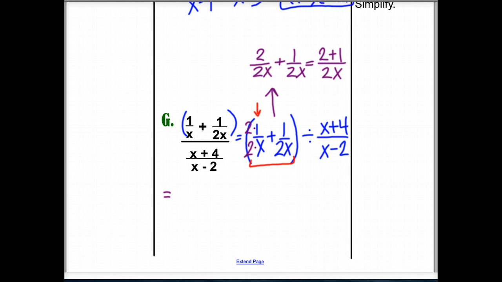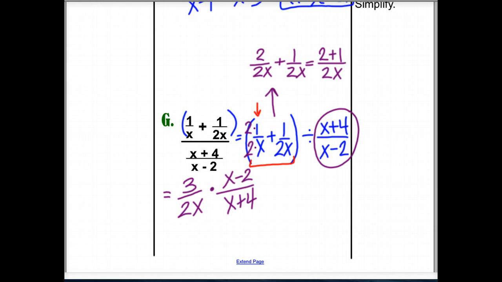I'm going to write that down here, 3 over 2x. And then I'm going to take this and multiply it by the reciprocal, so I've got x minus 2 on top and x plus 4 on the bottom.